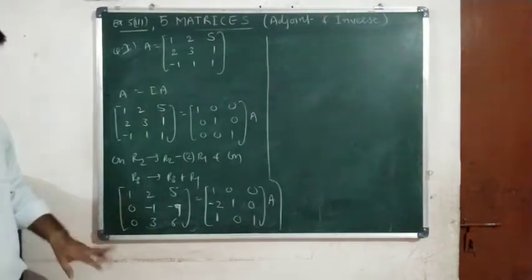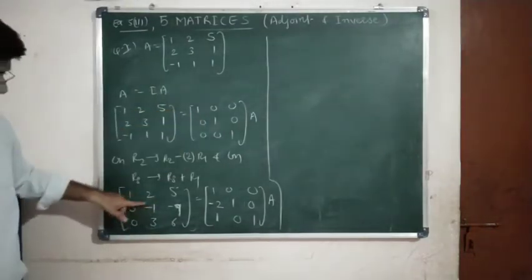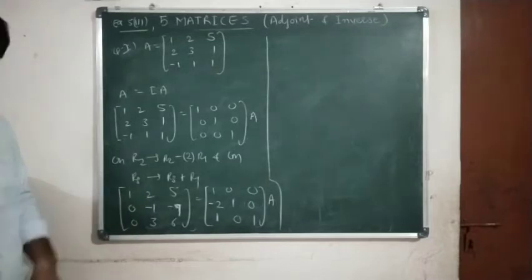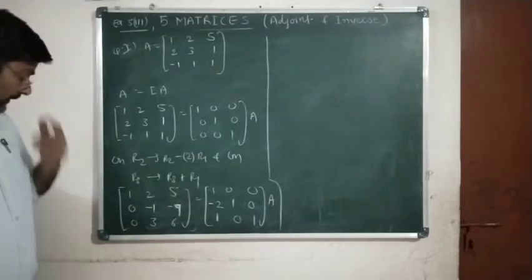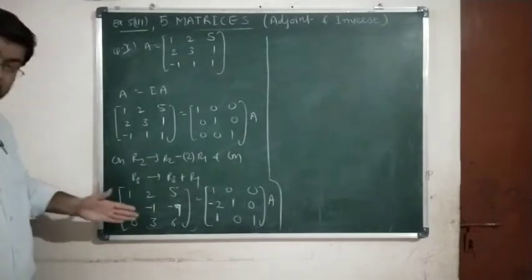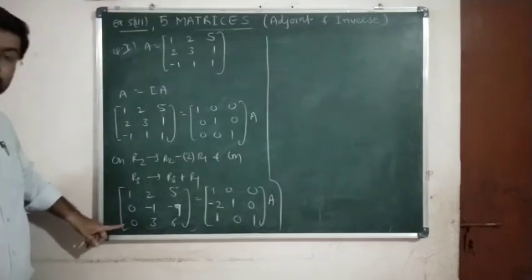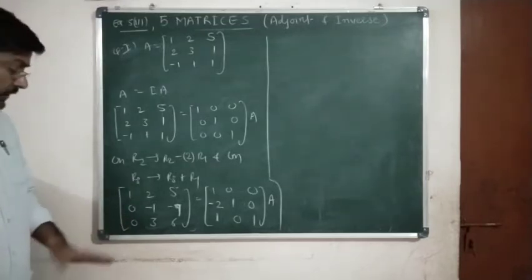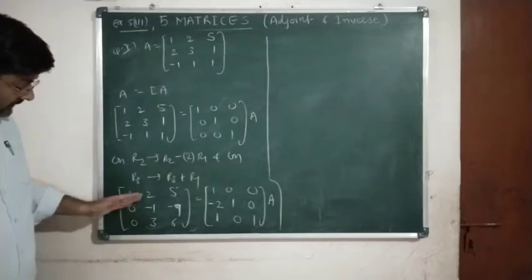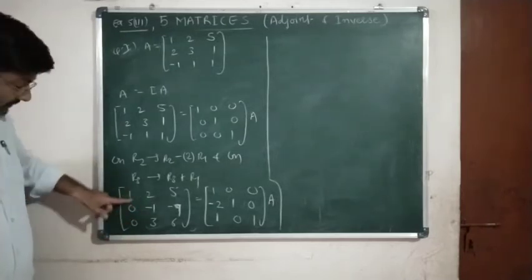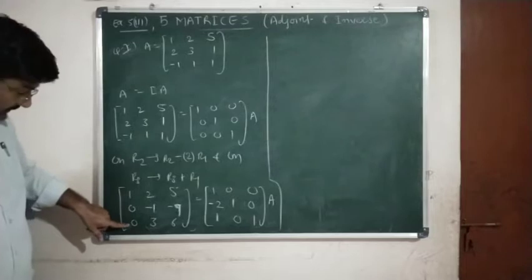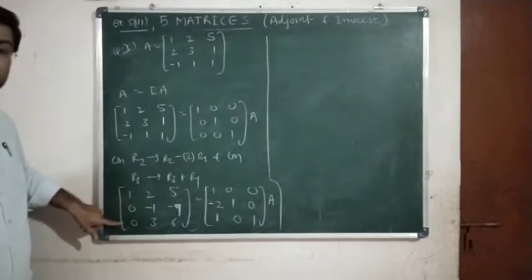So 1, 0, 0 is clear. Now the 1 on R2 is 2 here; if you want to bring 1, what will you do? Make changes in such a way that these two zeros are not disturbed. Now you may think of adding on R2, R2 plus R1, but if you add, then these zeros will be disturbed. Yes or no?